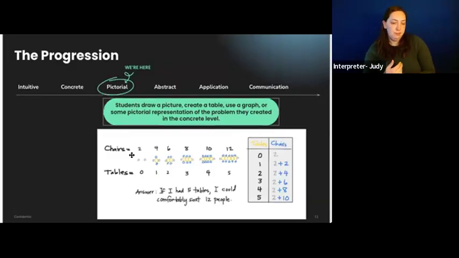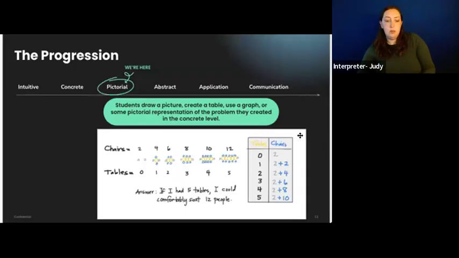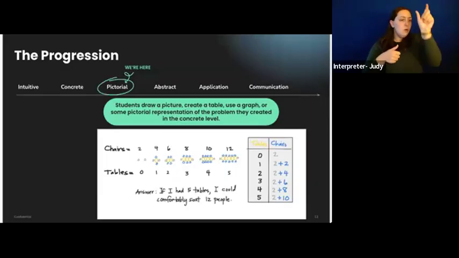So here we would encourage students to label where the chairs are, what number is represented by the chairs, and what number is represented by the tables. And then as we move into setting up our table, you're going to have that discussion: which column heading would represent the tables and which one would represent the chairs?